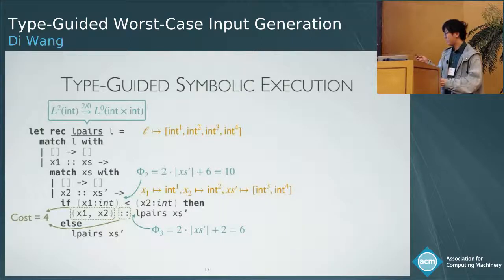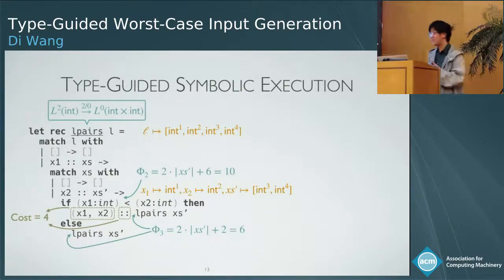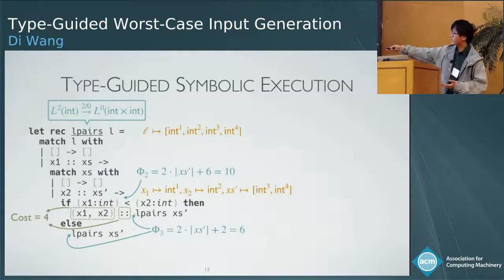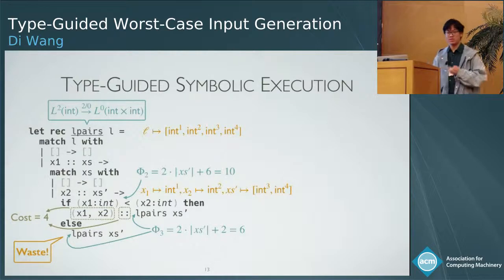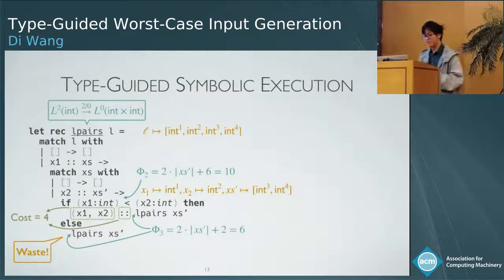On the other hand, if we take a look at the else branch, you can determine that the potential 5-3 is also sufficient to do this recursive call. But actually, at the point of this conditional expression, we have 10 units of potential. So in the else branch, there's potential waste. In fact, you waste 4 units of potential.